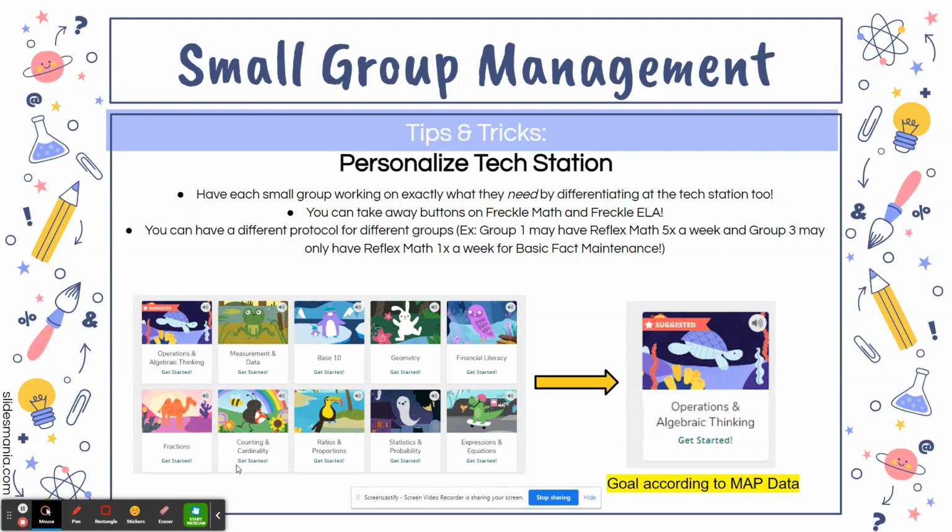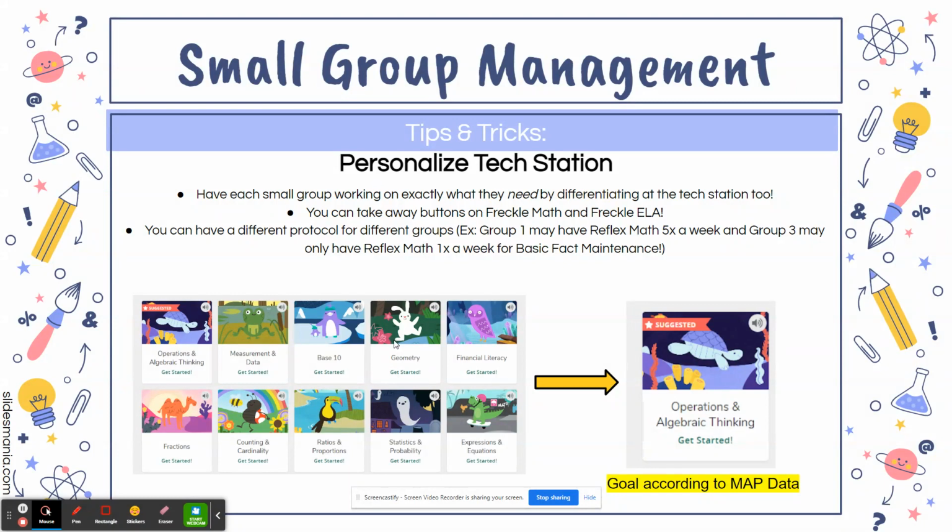Another way that we can differentiate in small group instruction is personalize the tech station. And this is just a reminder that we could have each small group working on exactly what they need by differentiating Freckle. You can actually take away buttons on Freckle Math and Freckle ELA. You can have a different protocol for different groups.